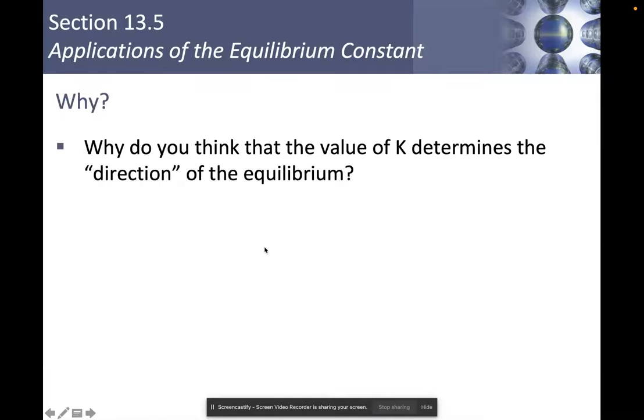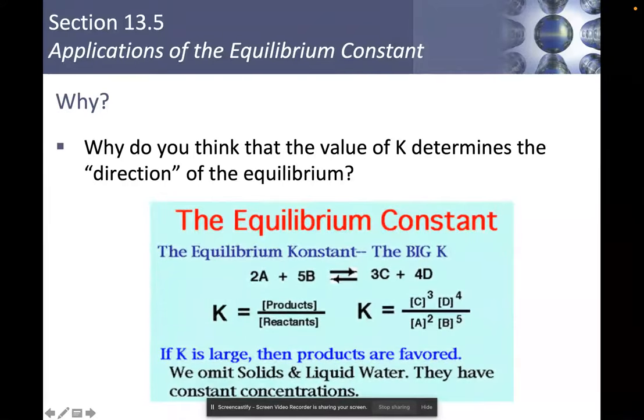Now, why do we think that K can determine this? Can anybody think about this? Why would K affect the direction that our equilibrium is, whether it's to the right or to the left? Well, remember, this is what our equilibrium constant is. It's products over reactants. So think about this. If the concentration of your products is a high number and the concentration of your reactants is a low number, K is going to be large.